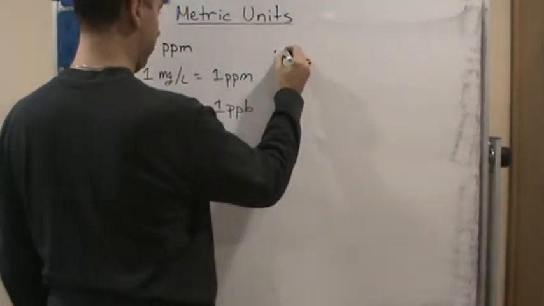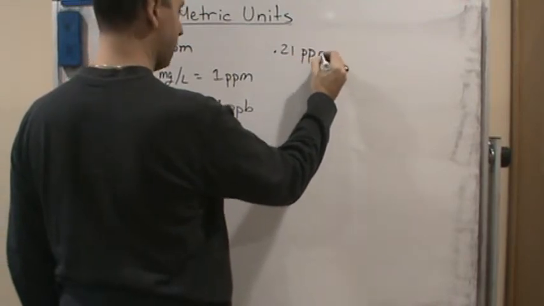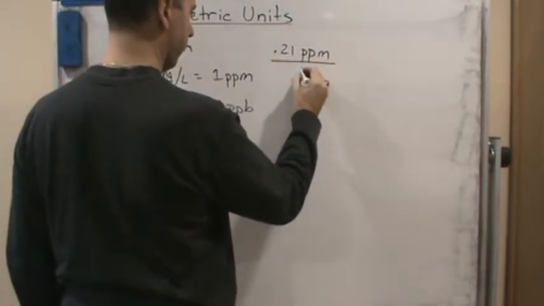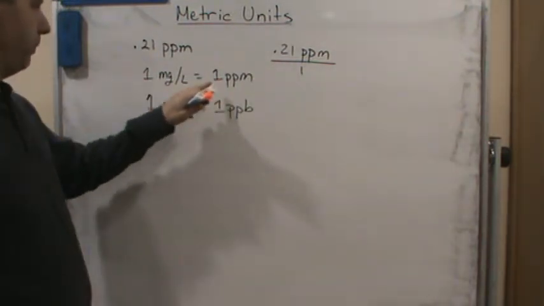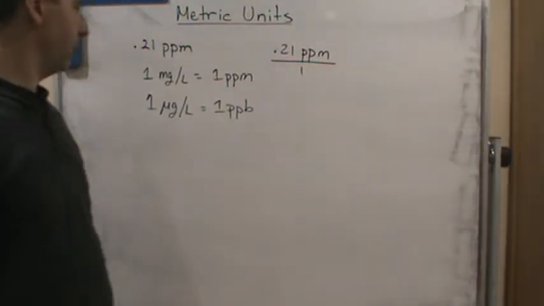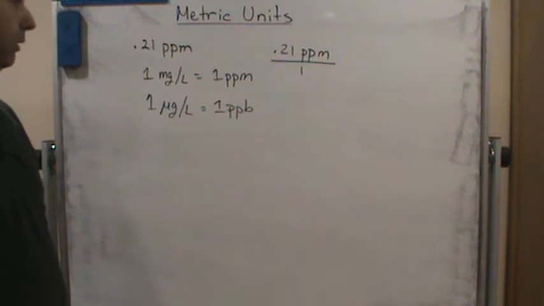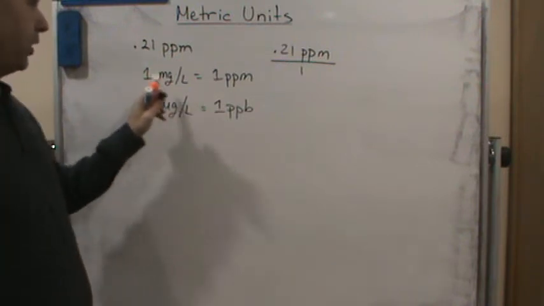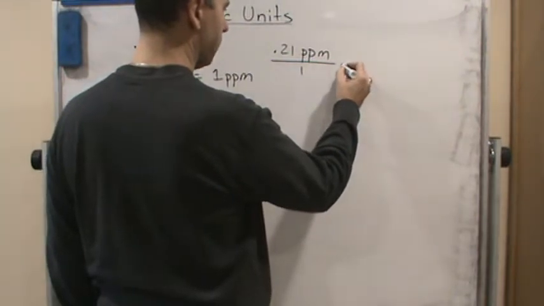Well, we just start with what we're given, right? Our starting point, parts per million. Since there's a 1-to-1 ratio here, then we know that this is also equal to 0.21 milligrams per liter. Since it's a 1-to-1 ratio, we don't have to do a conversion factor, because all you're going to do is just multiply by 1.